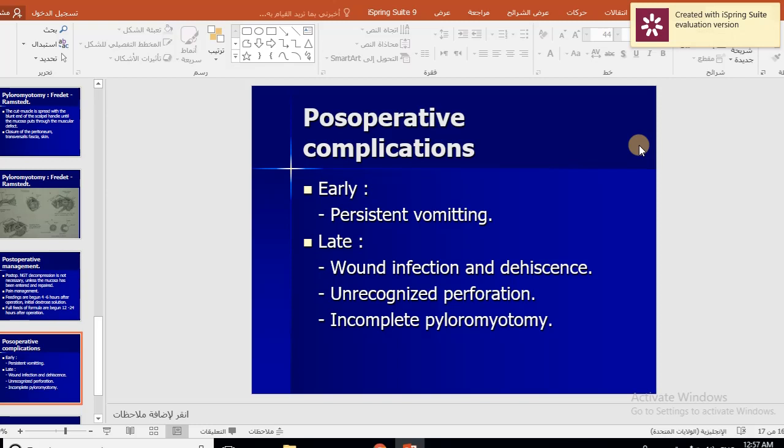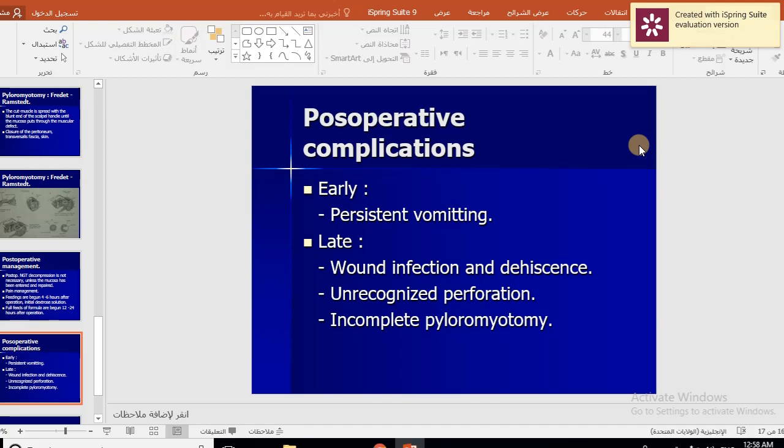Late complications include wound infection and dehiscence, unrecognized perforation, or incomplete pyloromyotomy. The patient may have two pathologies at the same time. For some patients, there is also gastroesophageal reflux, in which the patient still has vomiting.